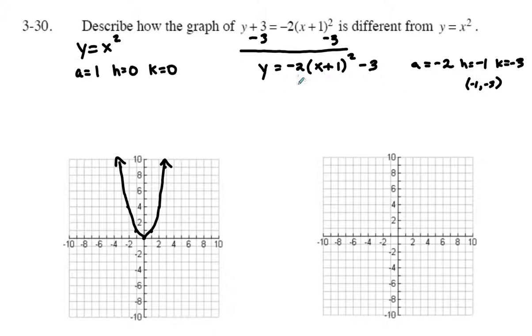Well, this one is going to be, first of all, vertically stretched, right? Because we have a stretch factor of 2. So we're going to say this is going to be vertically stretched by a factor of 2.